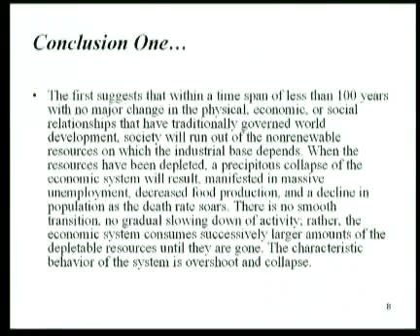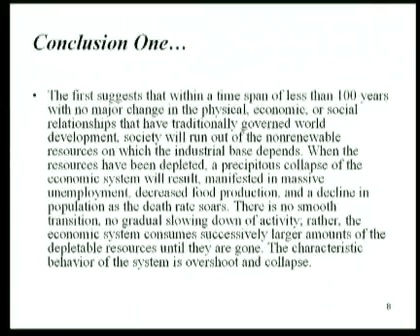And you can imagine where the controversy was coming from as you think through these conclusions. And there were three. The first conclusion was that in the span of less than 100 years, if we don't have any major change in the physical or the economic or social relationships that have historically and traditionally governed world development, our society will run out of renewable resources on which all of our industrial base is dependent.